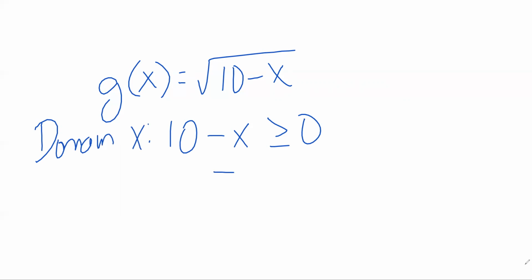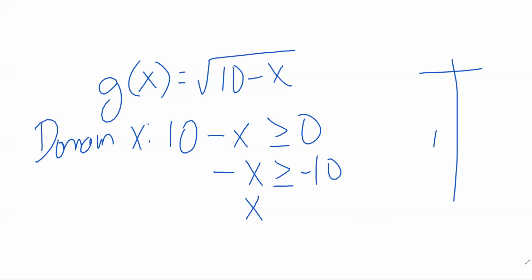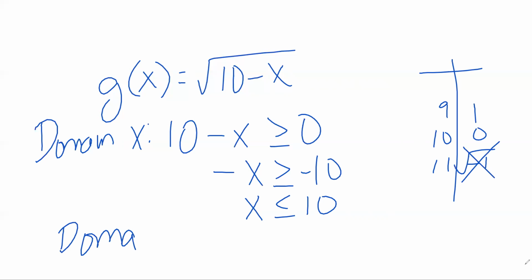When solving this particular inequality, you subtract 10 from both sides like we've done before with equations. But when you resolve it, what you're also going to realize is that if you pick values less than 10, you're going to get an output. But if you pick values greater than 10, you're going to get a negative, which you can't have. So this is actually going to have a domain of numbers less than 10. And you would express the domain in interval notation.